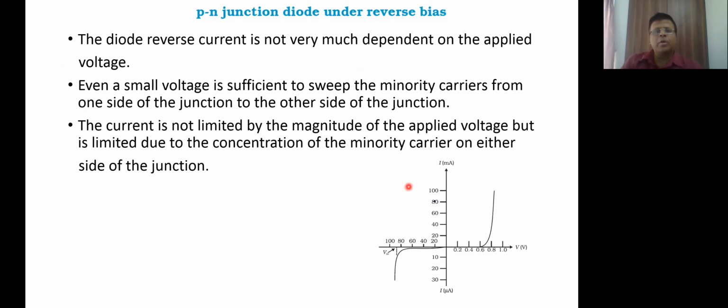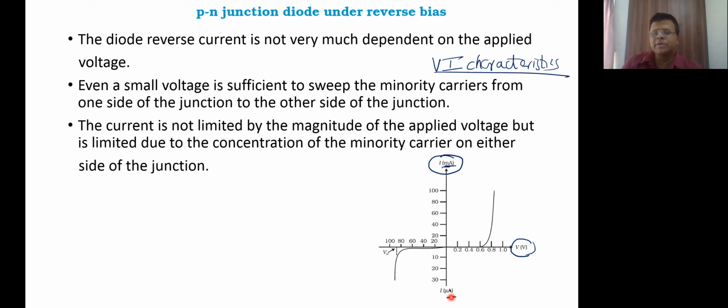So here we have plotted the VI characteristics of the PN junction. VI characteristics means the plot of voltage applied across the diode versus current. You can see that in the forward biasing state, in the upward direction, we have shown the current in milliampere.